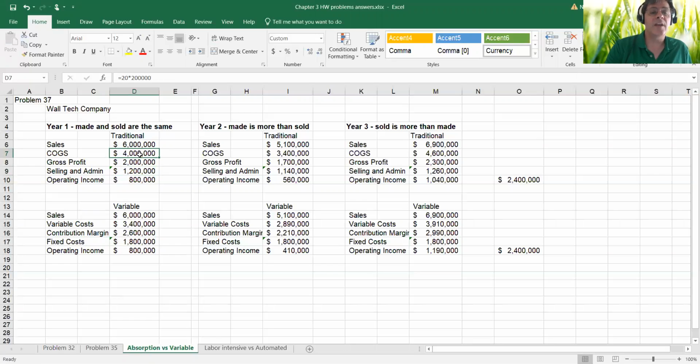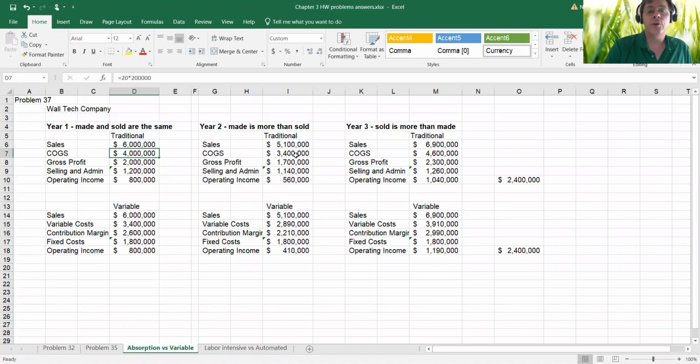So in year 1, we made and sold exactly the same number of units. We made 200,000, we sold 200,000. So the cost per unit is $20 if you include all the variable costs and the fixed costs on a per unit basis. So for the whole 200,000, the fixed costs are in cost of goods sold.